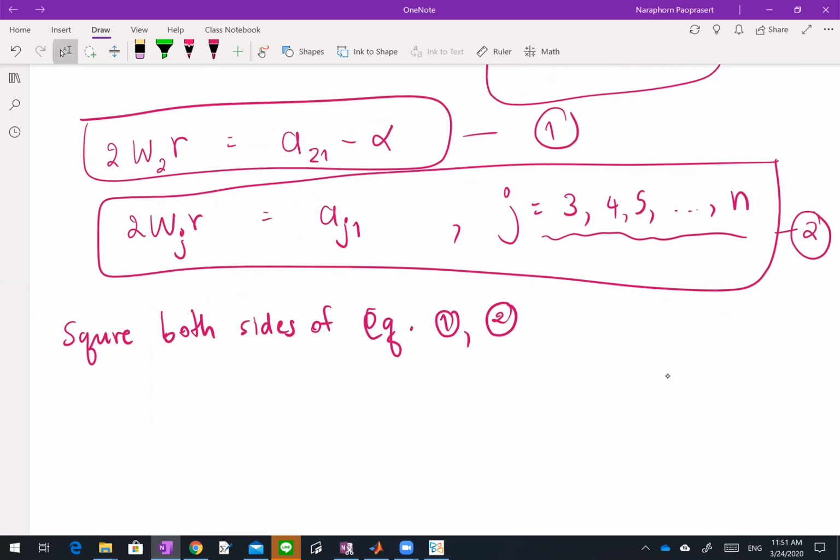So we're just going to square both sides of all the equations that we have, and then add them up.